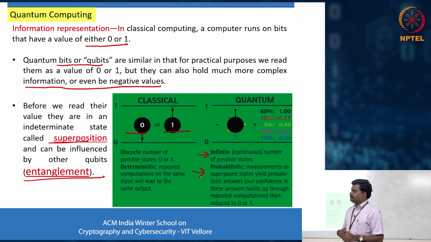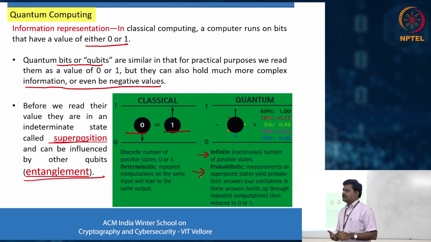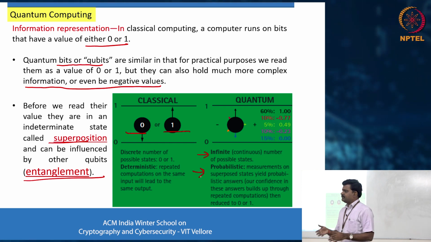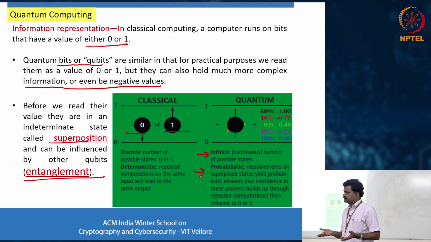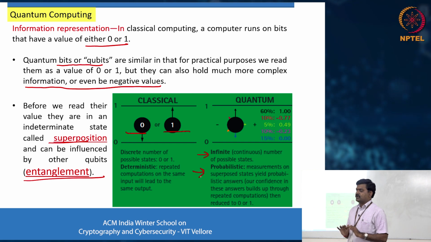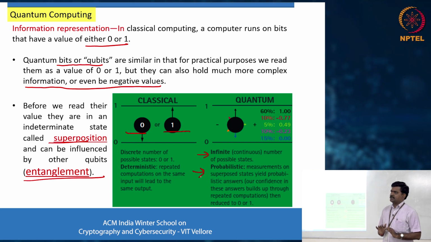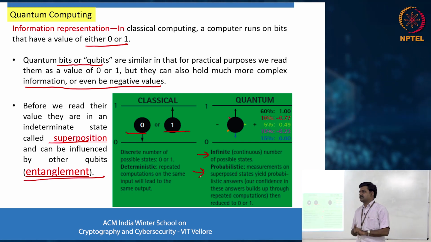You can't run an algorithm, give it an input, get one output, and another time when you run the algorithm get a different output. You can't go with such algorithms. So classical computers are deterministic, quantum computers are probabilistic in nature.